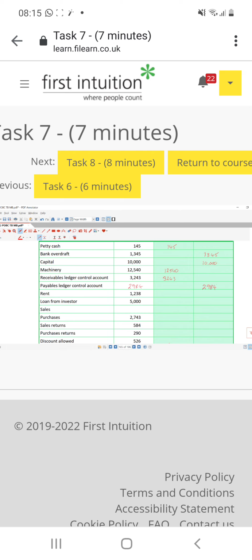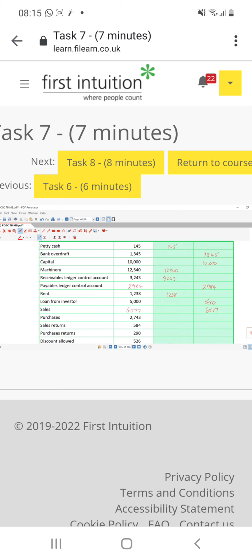But with our rent then, which is an expense, so will be a debit of 1238. Loan from an investor, again a liability, so it'll be 5,000 on the credit side. Our sales, which we said was 6077. So that sales is always a form of income, so it'll be on the credit side.